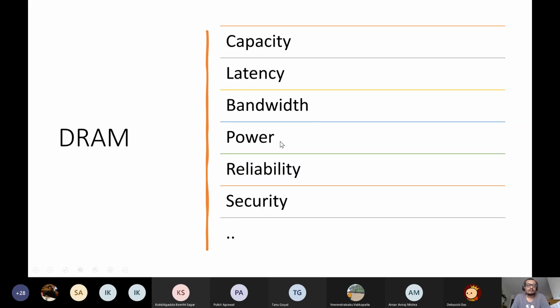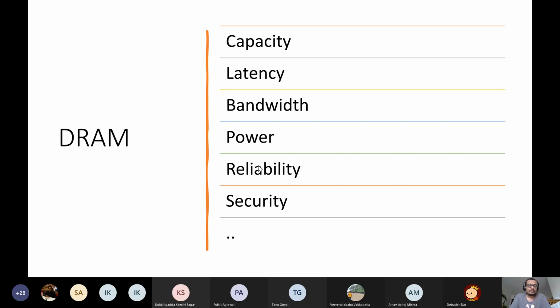And then comes the power. Again, depending on whether you are working on or designing a server where you are operating on a large amount of data, DRAM power plays a big role because they are power hungry circuits. The more you go to DRAM, the entire server or data center or whatever you are building will consume more and more power.